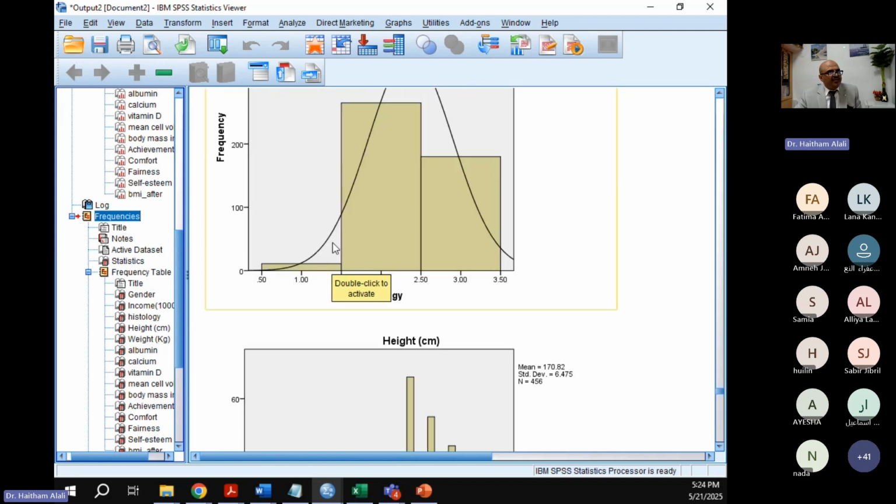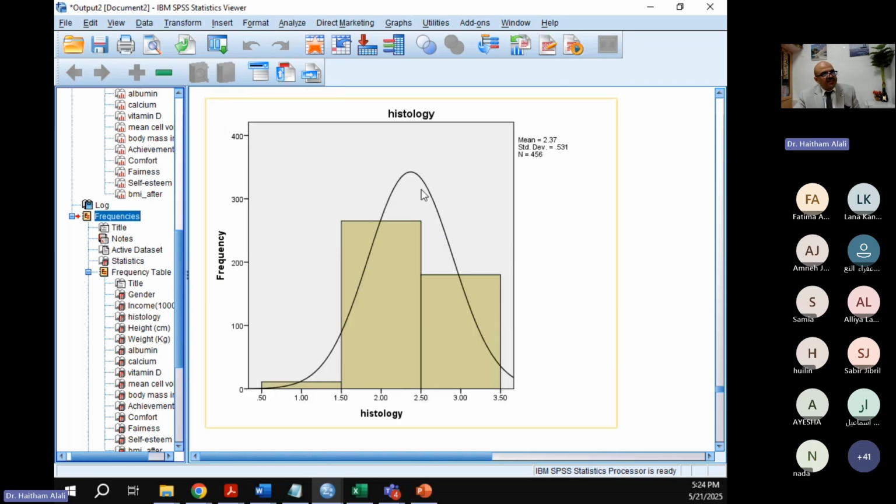That gives you a general perspective of whether the data is normal or not. According to the curves we have, it's almost not normal. The curve is not equal from both sides. If it's equal from both sides and both tails, that means it is normal data. If it's not equal, it is not normal. This histogram is not normal data.